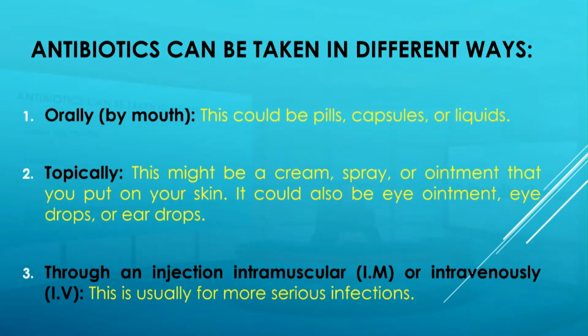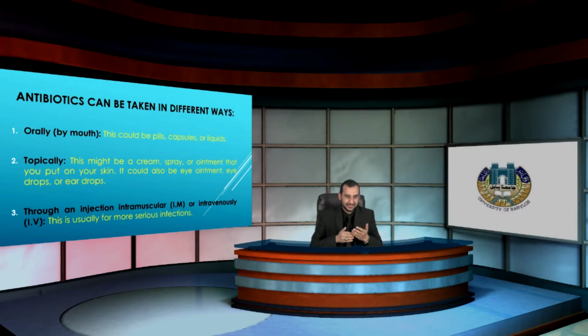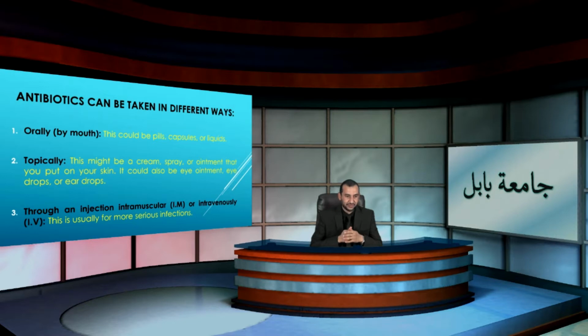Therefore, we must take these antibiotics by injection to treat several bacterial infections. Some antibiotics can be toxic to humans when taken by IM or IV or also orally, but can be used topically as cream, spray, ointment, and others.